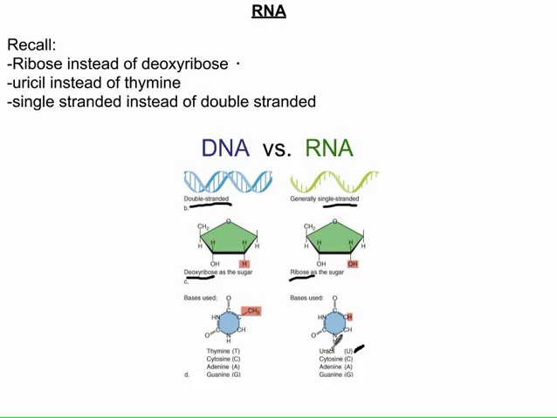So one way to identify an RNA strand versus a DNA strand: if it has thymine, it's DNA. If it has uracil, it's RNA. And the last difference that I need you to know is that RNA is typically single-stranded and DNA is double-stranded.